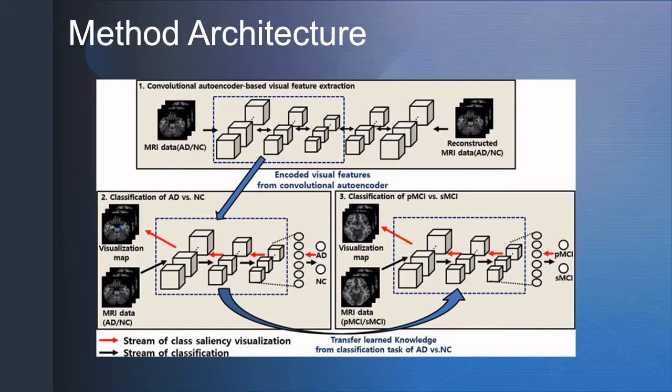And to construct the progressive mild cognitive impairment, also known as PMCI, versus stable mild cognitive impairment, known as SMCI classifier, the representations of the Alzheimer's disease versus normal control task are considered as initial weights under transfer learning. And lastly, the important biomarkers are localized using a gradient-based approach.